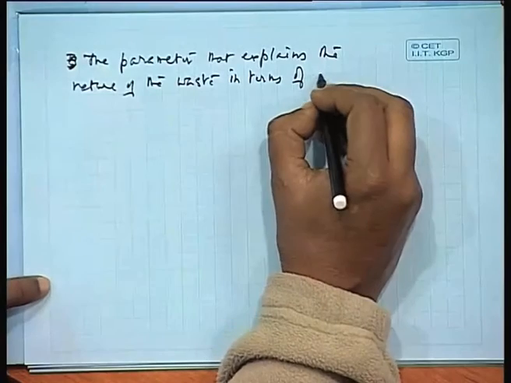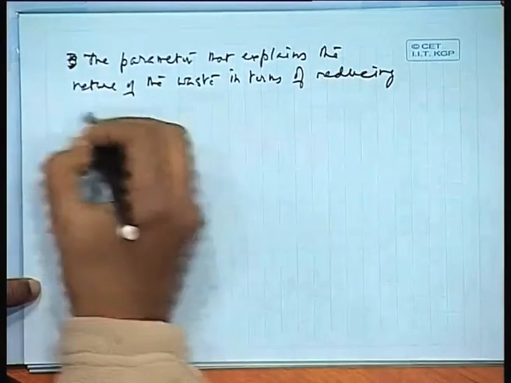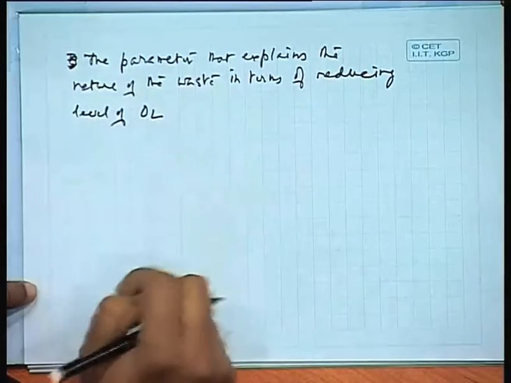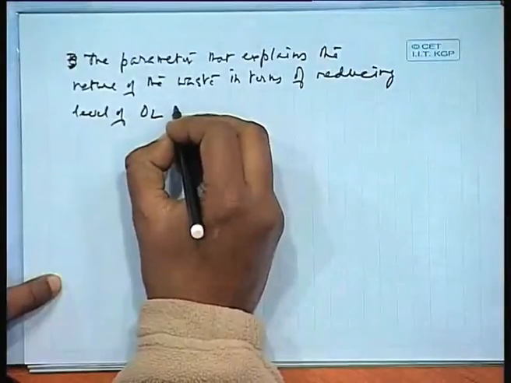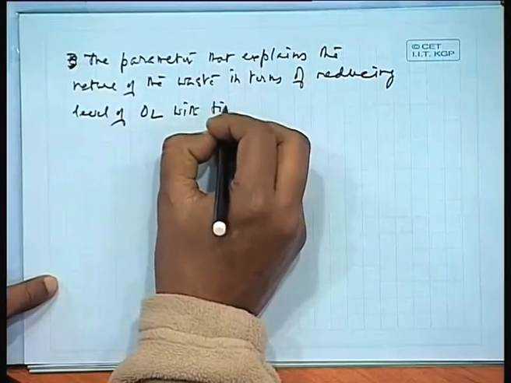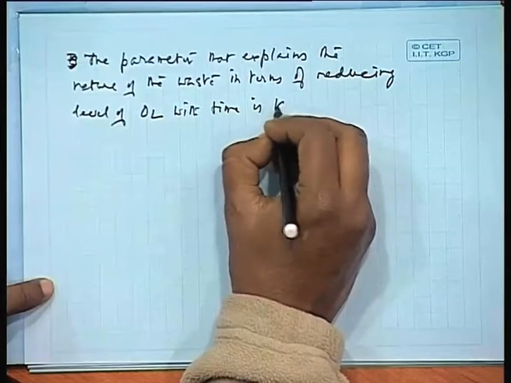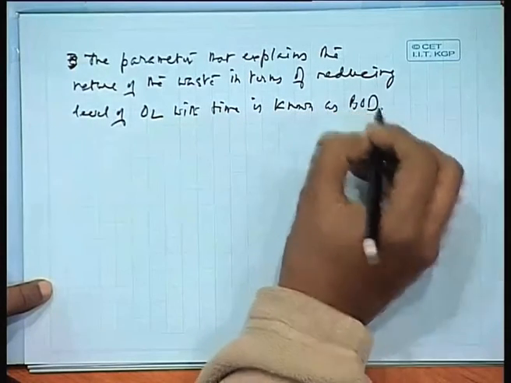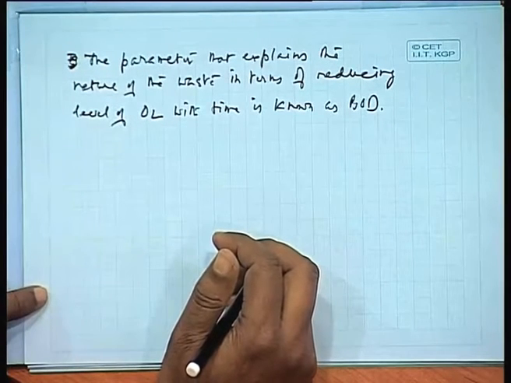The parameter that explains the nature of waste in terms of the reducing level of oxygen with time is known as BOD, right? Biochemical oxygen demand.